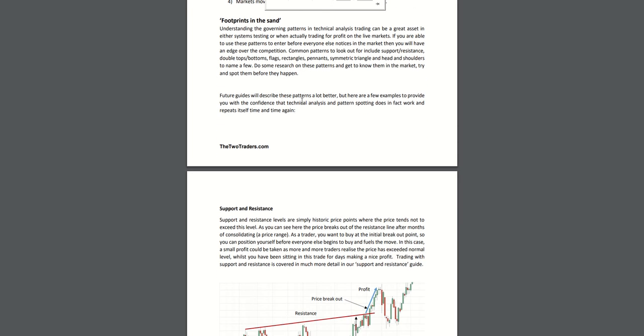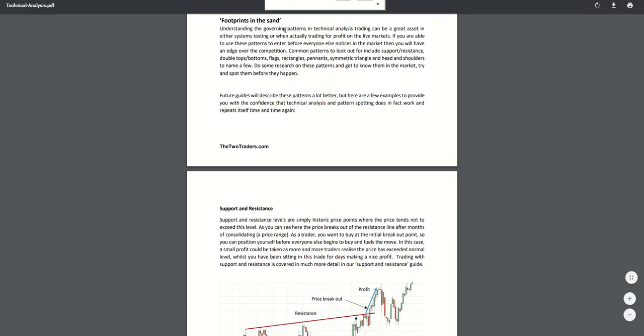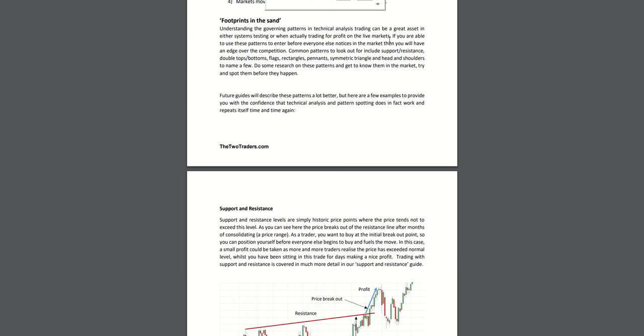Okay, so let's go on to the next part. What we're going to look at here is understanding the governing patterns in technical analysis trading. It can be a great asset in either systems testing or when actually trading for profit on the live market. If you're able to use patterns before everyone else notices in the market, you've gained your edge over your competition, your regular traders.